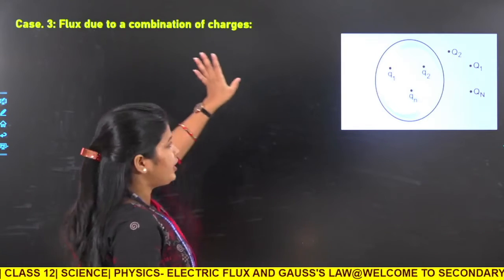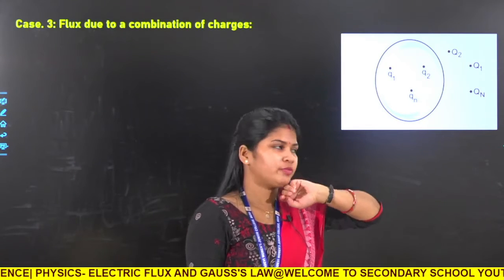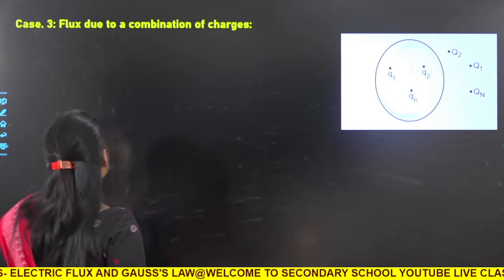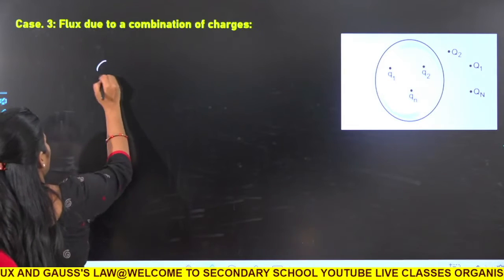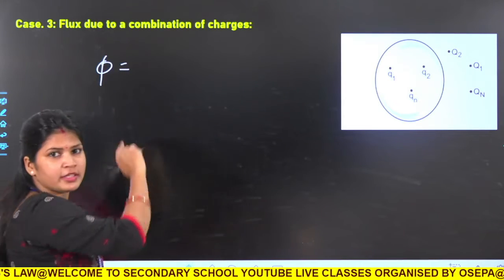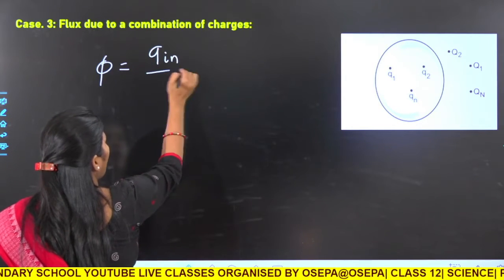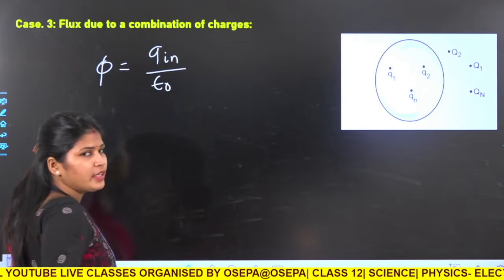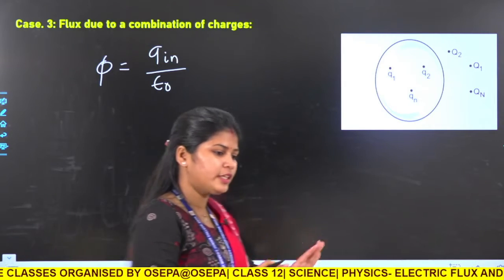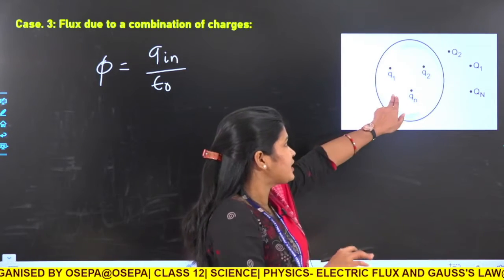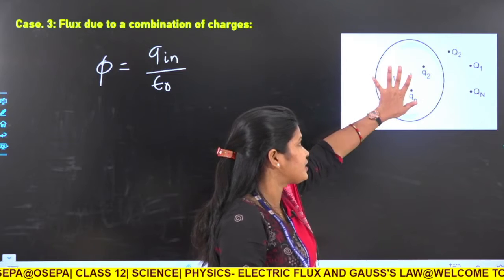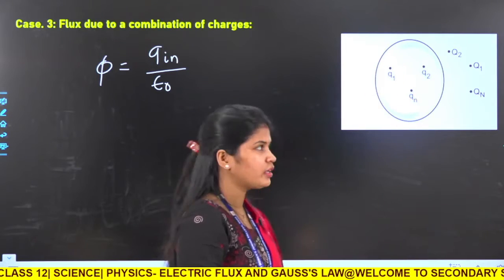Flux due to a combination of charges. What is the flux due to a combination of charges? In the first case, what is the Q in by epsilon naught? That means we will consider only charges that are inside the closed surface.